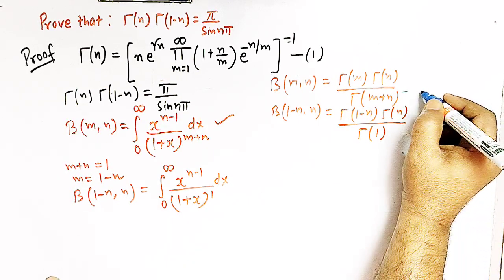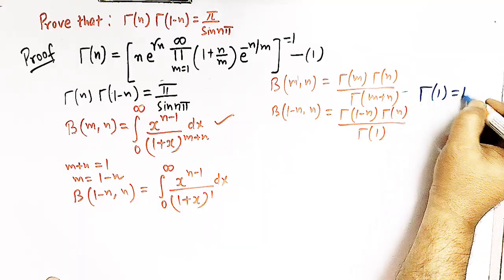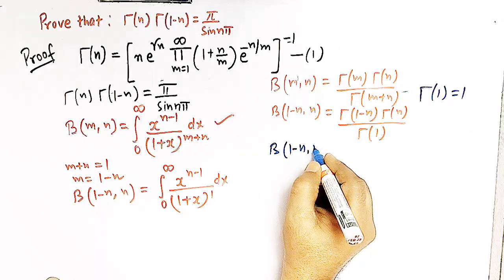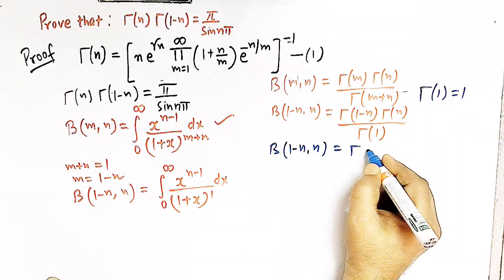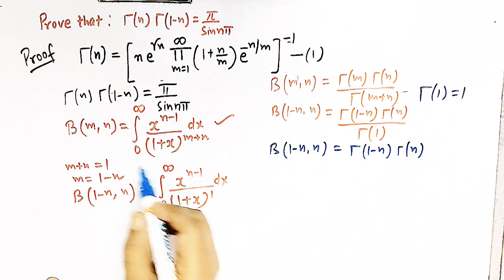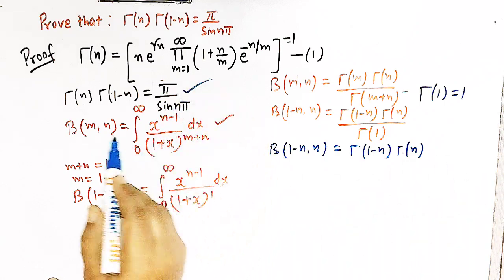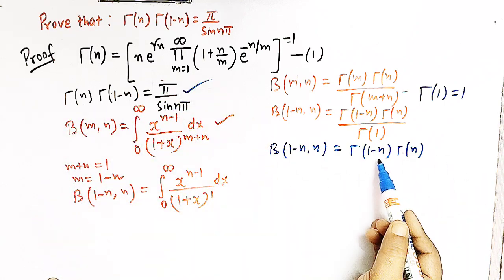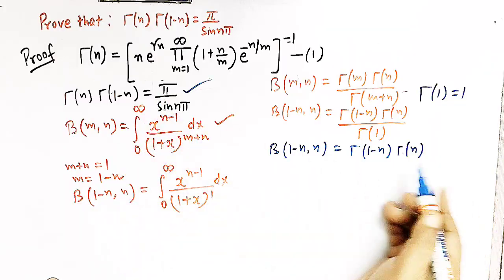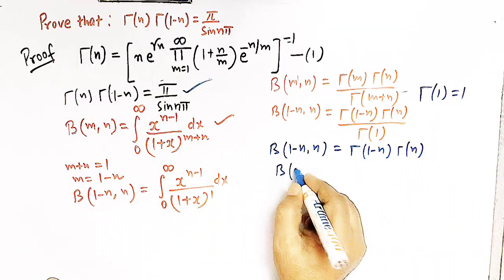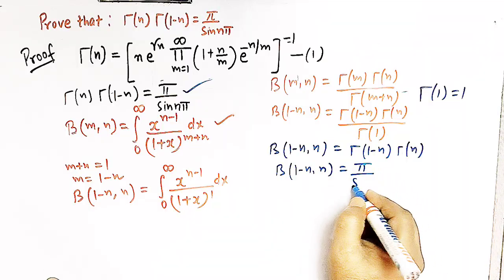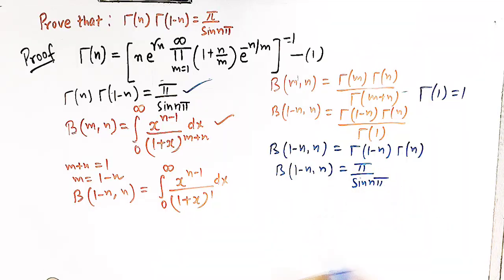The value of gamma 1 is equal to 1. So we have the beta function equal to gamma 1 minus n times gamma n. And from Euler's reflection formula, this product is equal to pi divided by sine n pi, right?